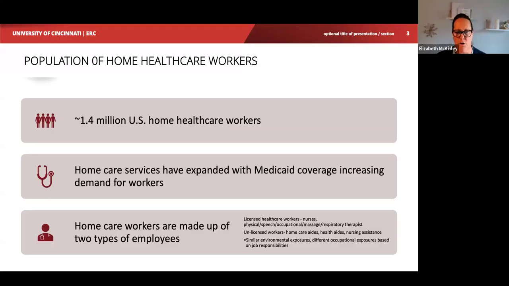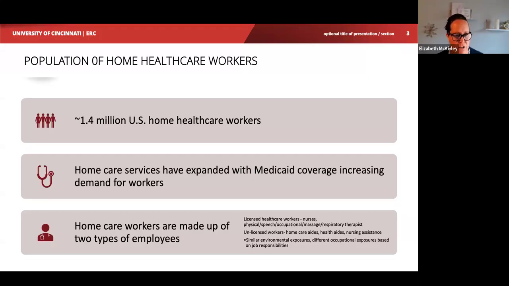But these workers are typically not doing tasks such as ventilator settings, drawing lines, taking care of IV lines, feeding tubes, or ventilators. These workers are typically doing things such as bathing, helping the patient with cleaning of their home, and feeding the patient.